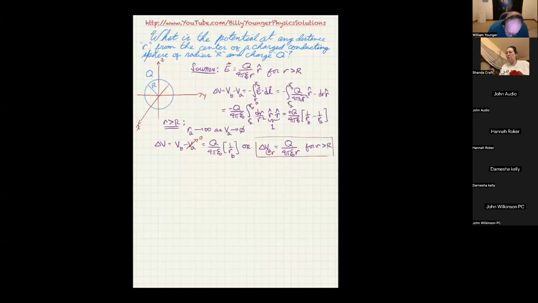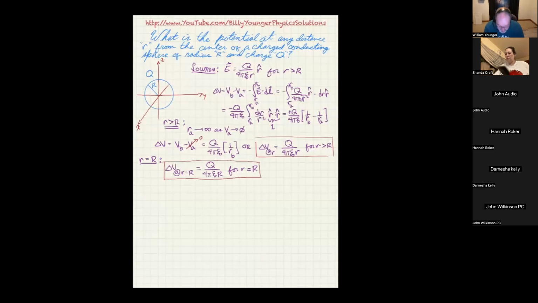Now I'm going to consider the case of r equal to R. So let's go back and say r equals R. In that case, delta V at r equal to R is actually just going to be Q over 4 pi epsilon naught times big R, and that's for r equal to big R. Okay, so that's another expression, though I didn't ask for us to break it down this way.